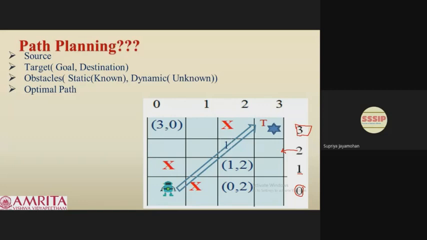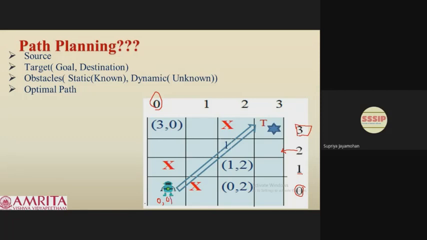So just like we had 4 rows, we are also going to have 4 columns. Namely, this is going to be our 0th column. You could see this particular cell where the robot generally stands is going to be represented as 0, 0.